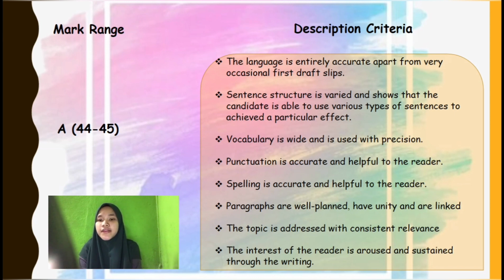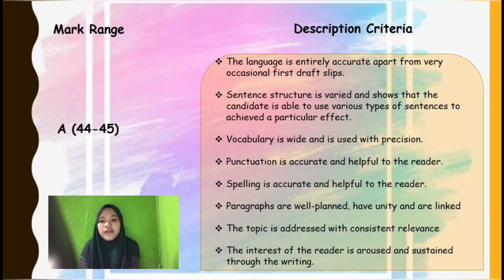The criteria that we look at: the language is entirely accurate apart from very occasional first draft slips. Second, sentence structure is correct and shows that the candidate is able to use various types of sentence to achieve a particular effect. Third, vocabulary is wide and is used with precision. Punctuation is accurate and helpful to the reader.